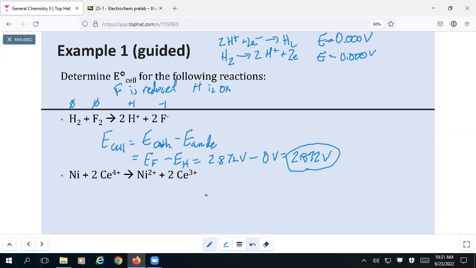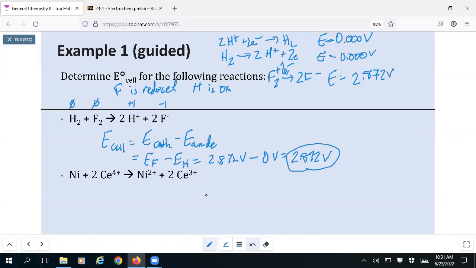And for fluorine, well, let's see, is there any reaction that looks kind of like this, where fluorine is turning into fluoride? Oh, yeah, right here. Fluorine plus 2 electrons makes fluoride. The E for that is 2.872 volts.